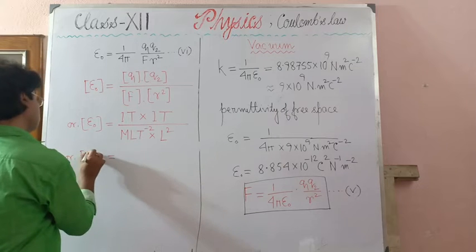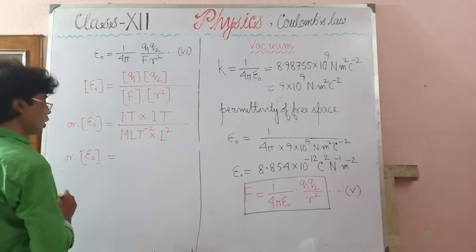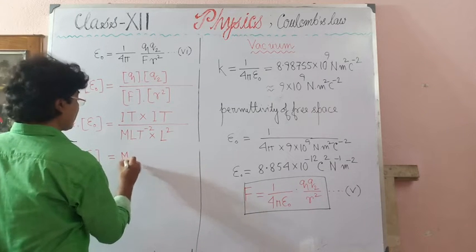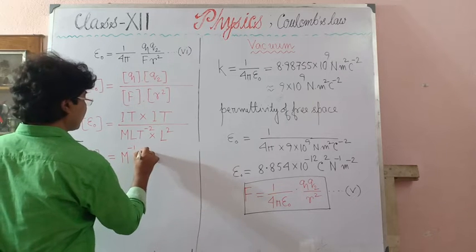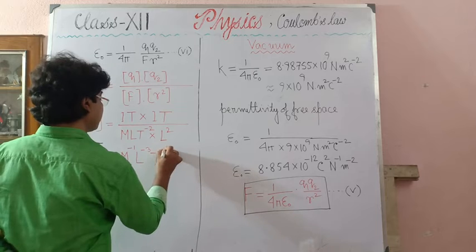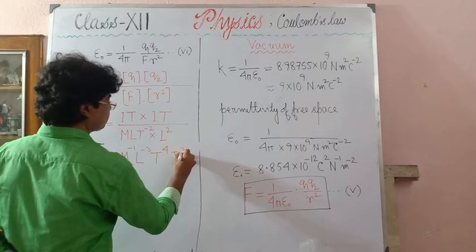Or, dimensional formula of epsilon 0 equals M to the power minus 1 L to the power minus 3 T to the power 4 I square.